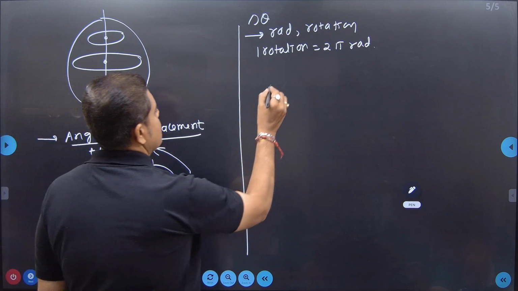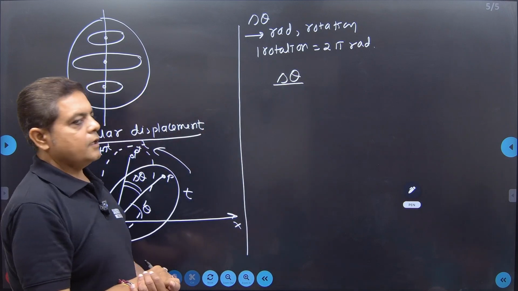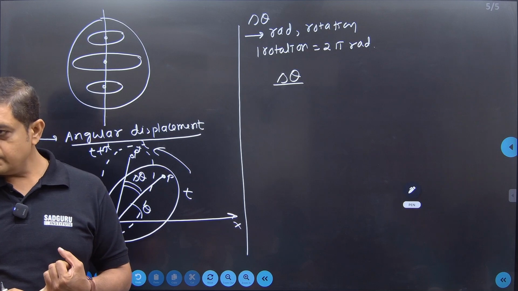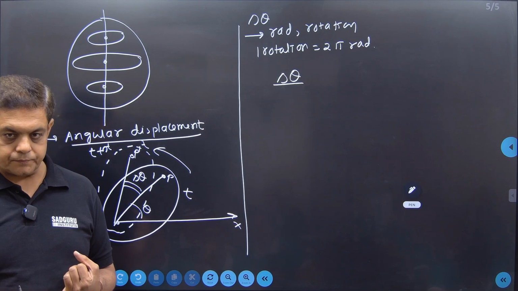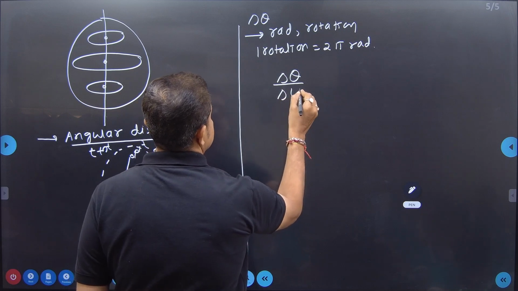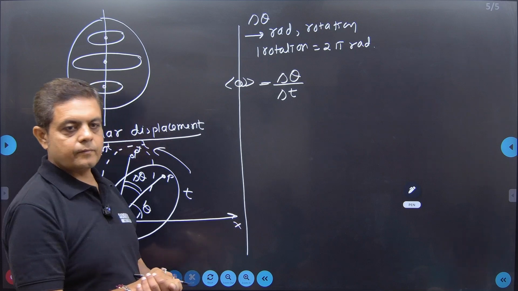Now, please listen. If delta theta is the angular displacement in time interval delta t, then delta theta by delta t is the average angular speed.